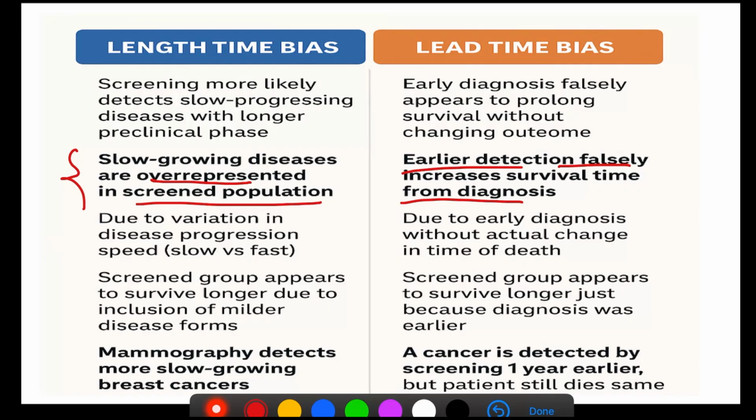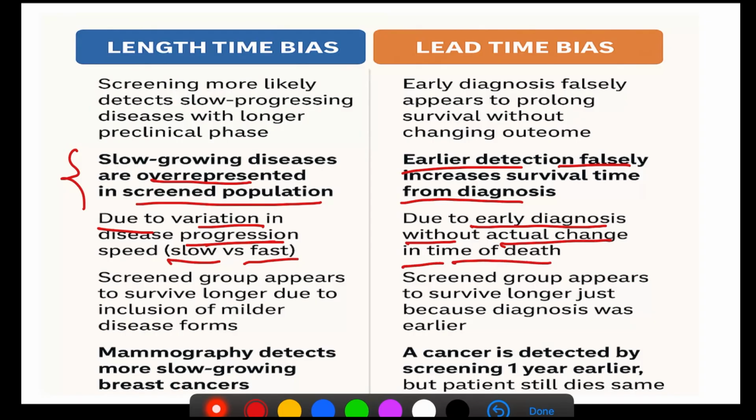Length time bias is due to variation in the disease progression, some diseases are slowly progressive, some are aggressive in nature. But lead time bias is due to early diagnosis without actual change in the outcome, so the time of death is the same.